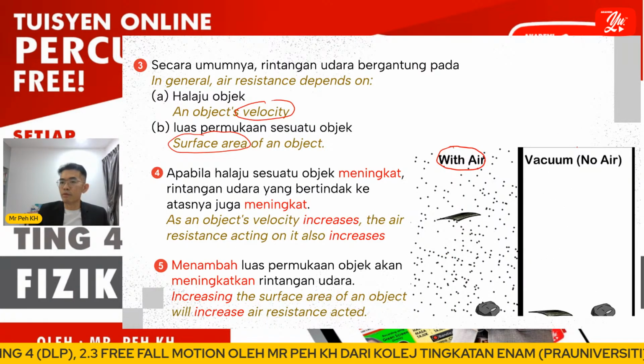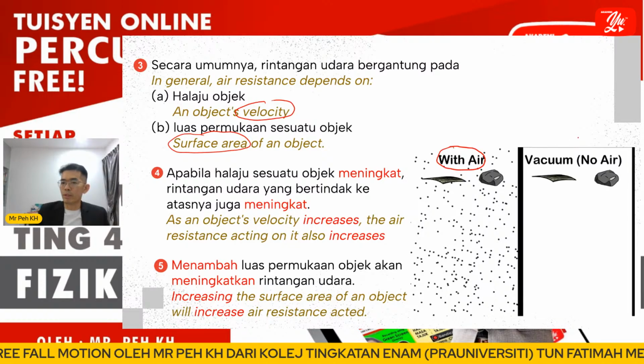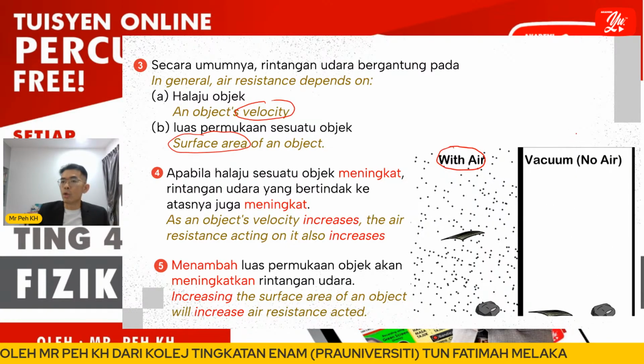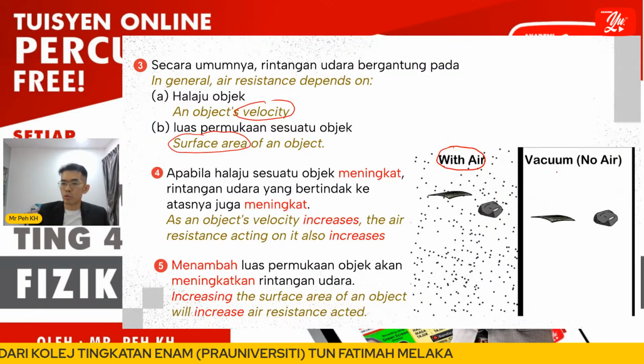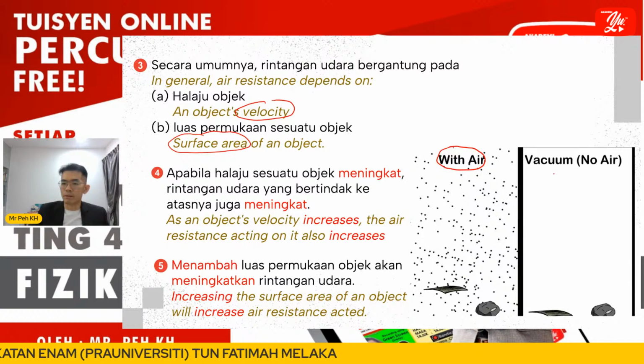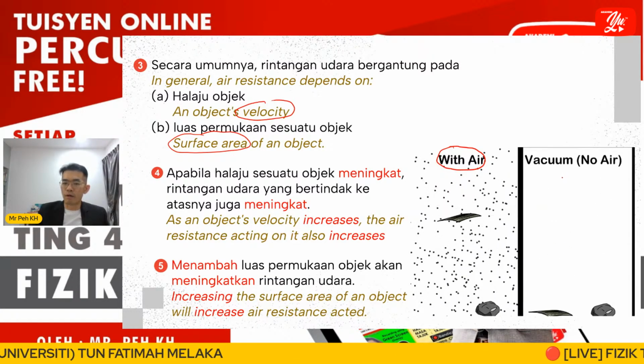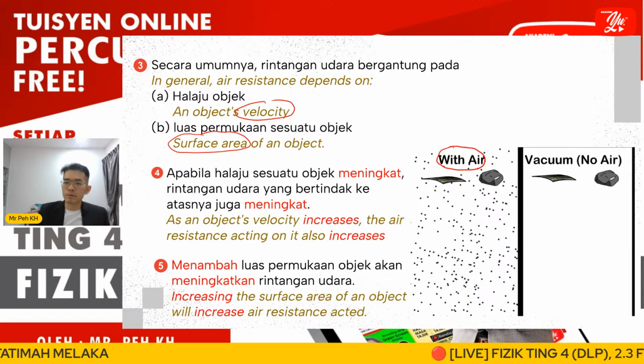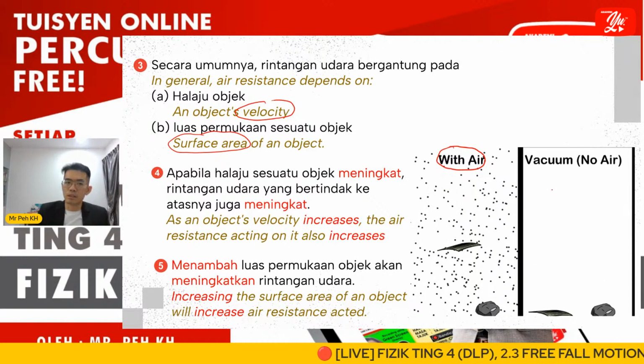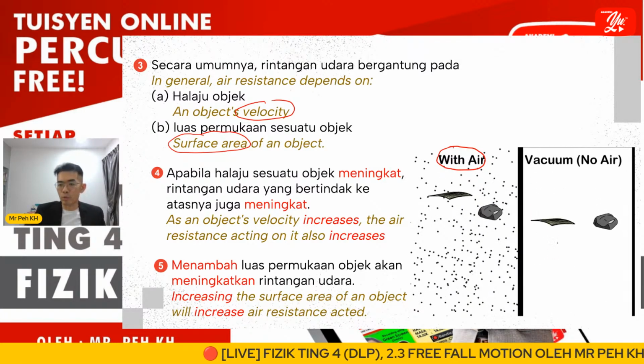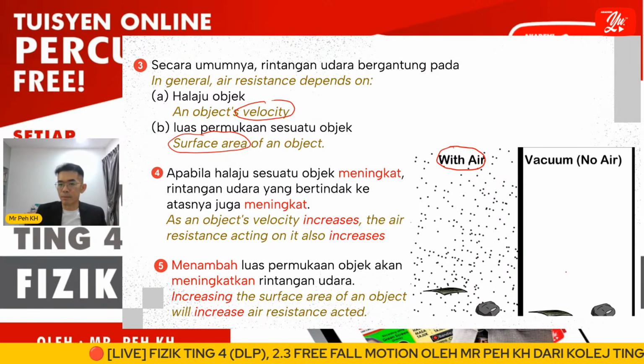However, free fall condition will only occur in a vacuum. So the mass of the object will not affect which object drops first. They will drop at the same time.